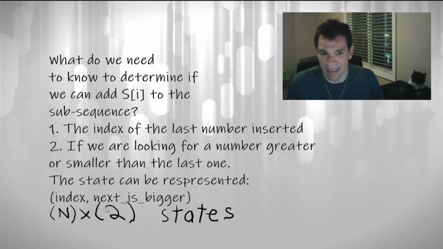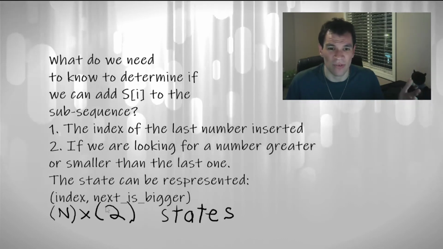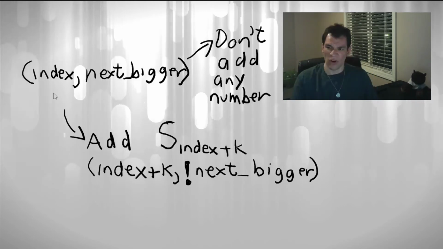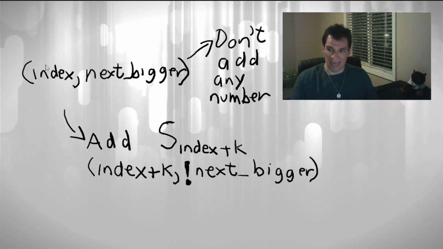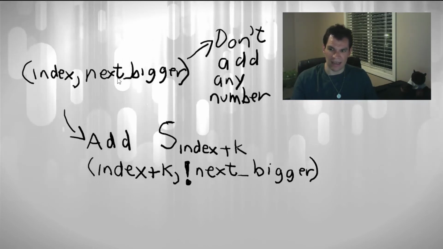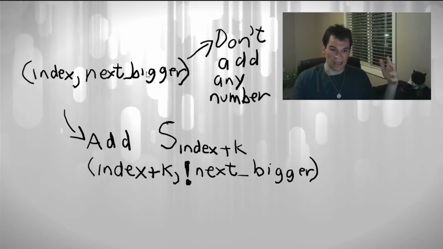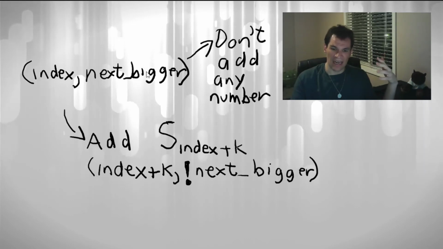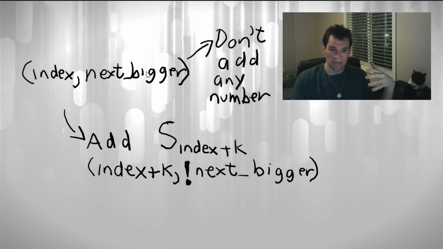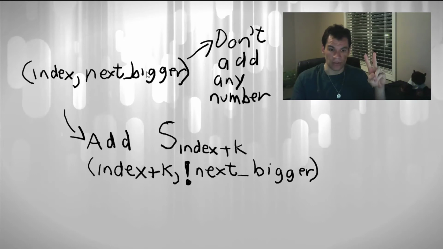Let's draw the state transition in order to deduce from there the recurrence. From a state where the last element has this index and there is this flag indicating if it's expecting the next element to be bigger or smaller than the last one, there are these two options.